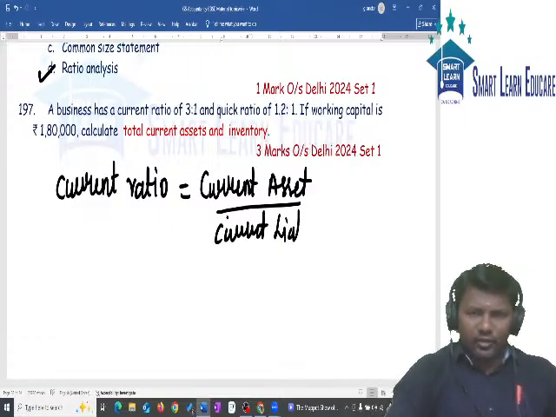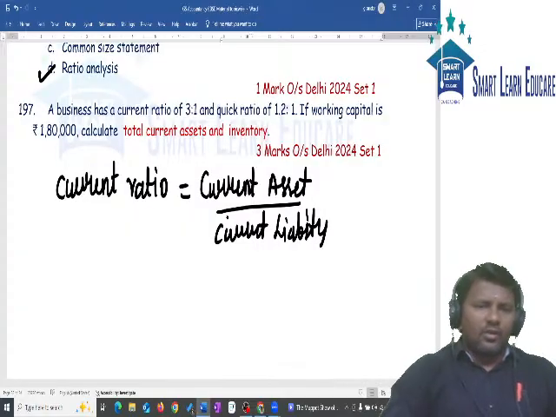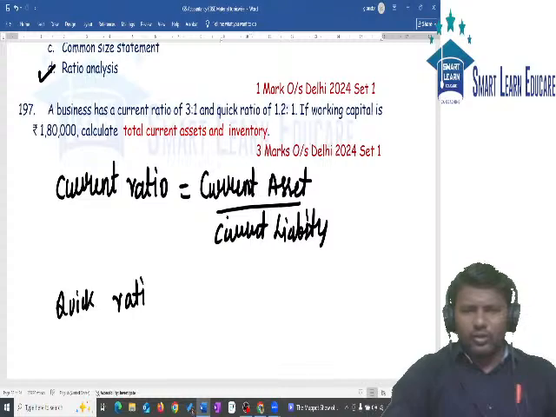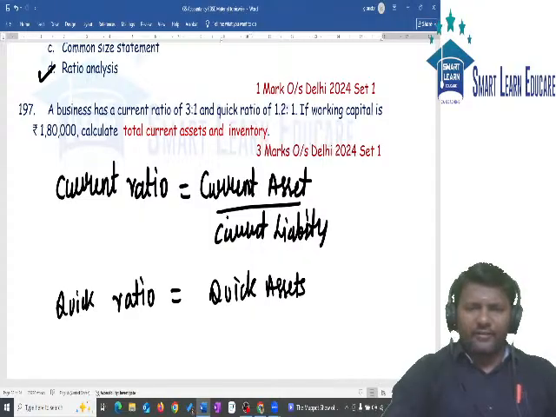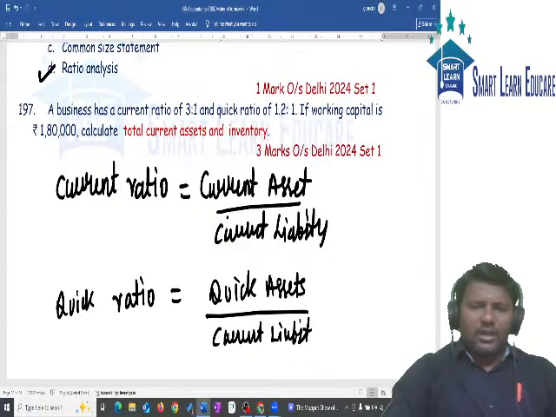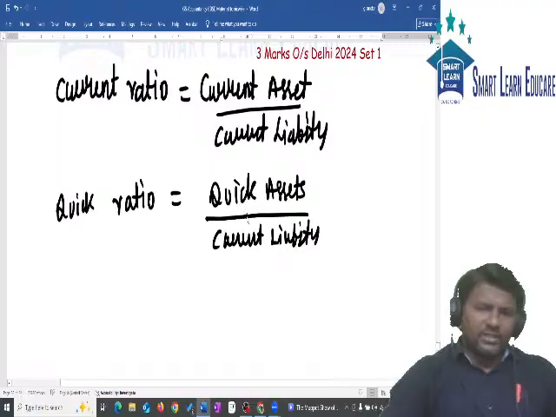Then what is the formula for quick ratio? Quick ratio is equal to quick asset divided by current liability.